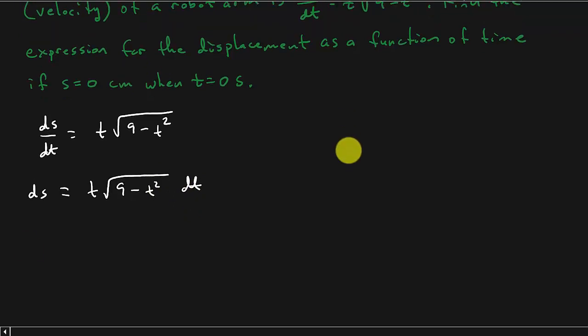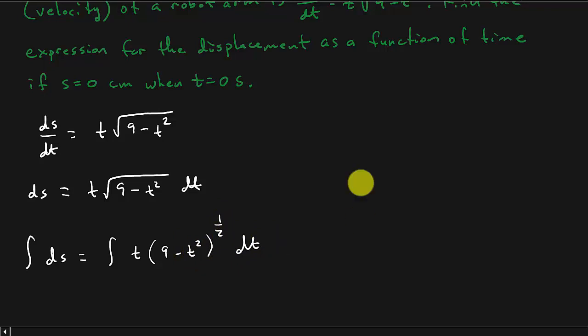And so let's integrate. We've got the integral of ds equals the integral of t. Now, remember, that's a square root, but I want to see it in parentheses raised to a power. So I'm going to write it as 9 minus t squared raised to the 1/2 dt.